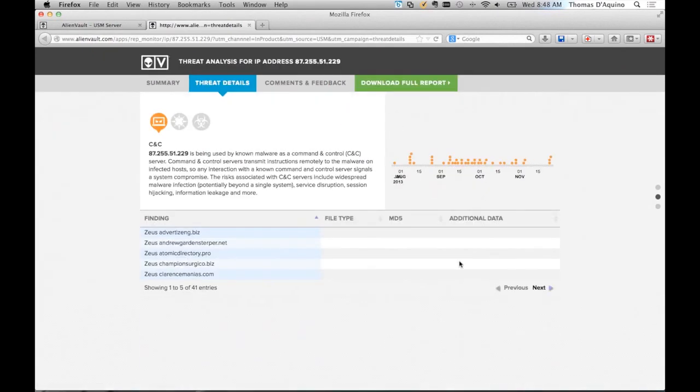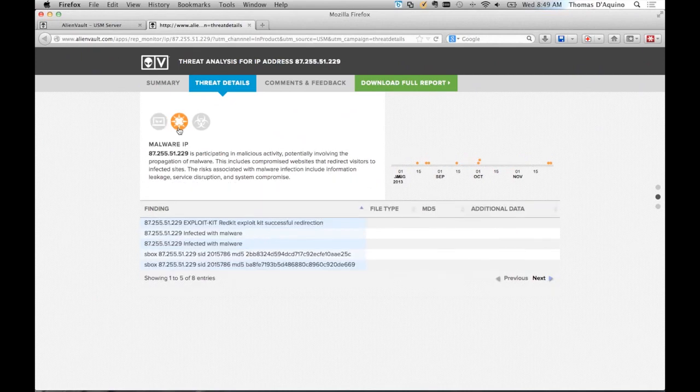So it's a known command and control server. There are a number of different ZeroAccess variants that have been reported as being seen interacting with this particular host. It's been reported as a malware IP, so we've got a number of different reports on the type of malware that this particular system is impacted with.